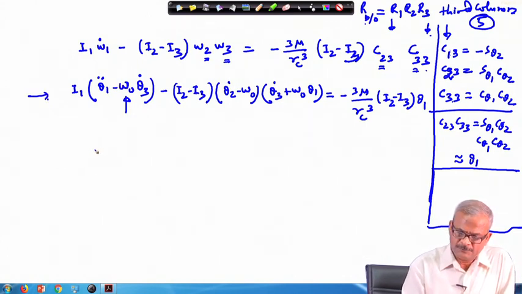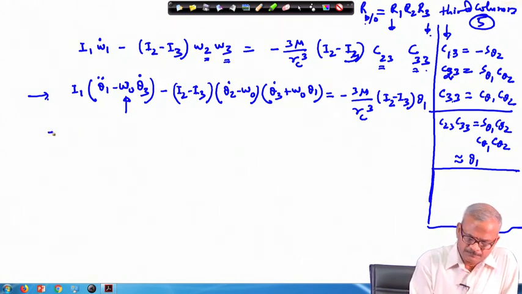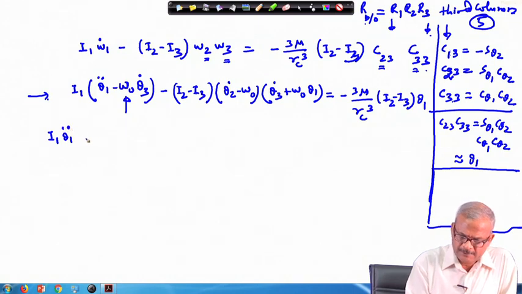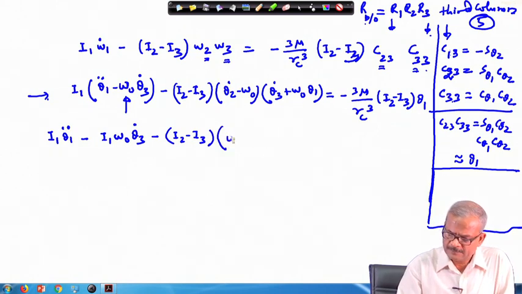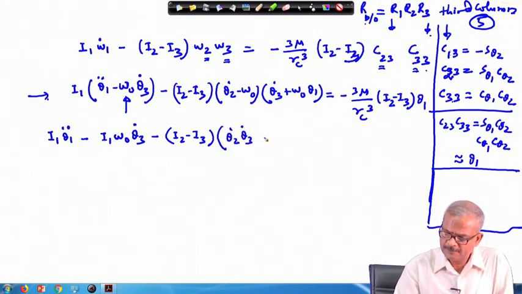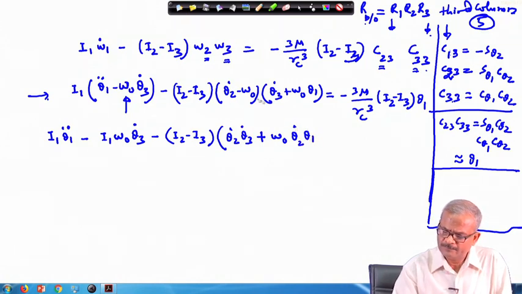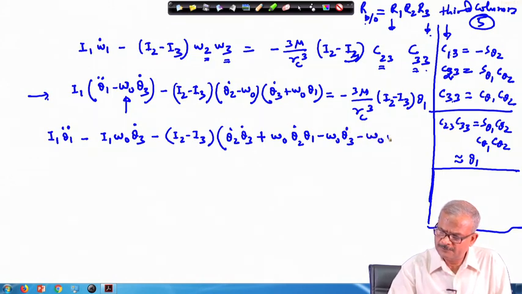We next need to work it out further. We have to basically reduce it. Theta 1 dot minus I 1 times omega 0 times theta 3 dot, this part we expand. So, this is theta 2 dot theta 3 dot, then plus omega 0 times theta 2 dot times theta 1, 3 dot minus omega 0 times omega 0 square, this becomes theta 1.